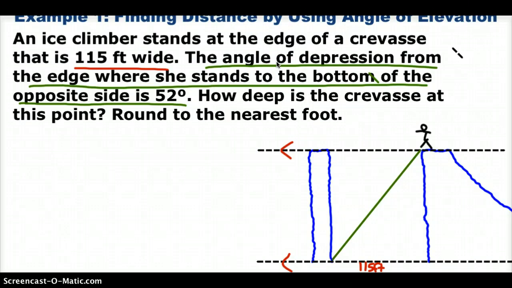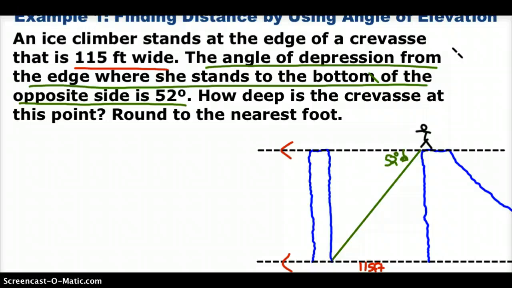Here's the important part: this angle of depression going down from this horizontal line to here. That's going down, and they said that's 52 degrees. We want to know how deep the crevice is at this point, rounded to the nearest foot.